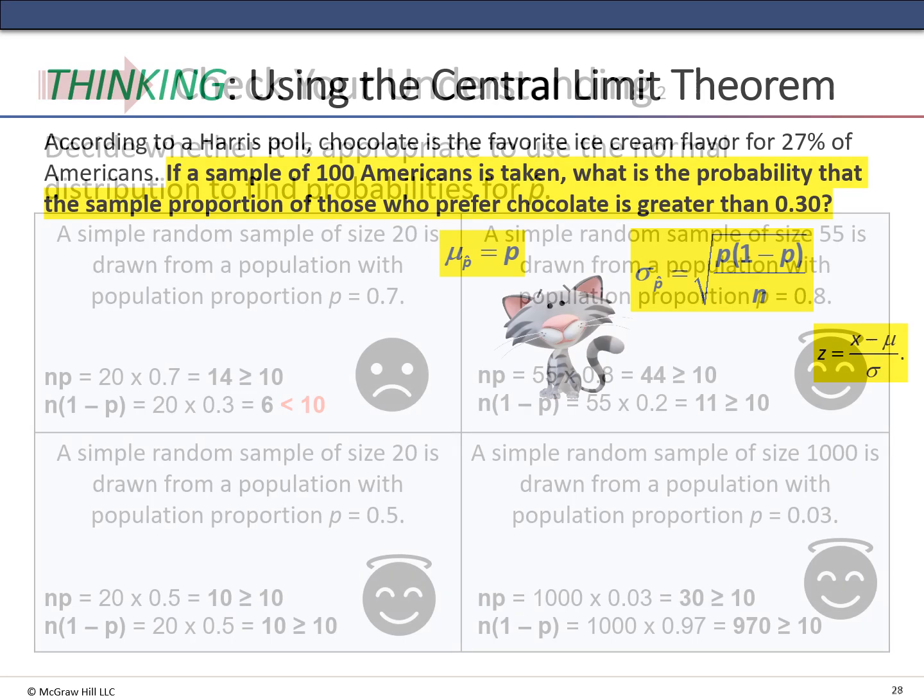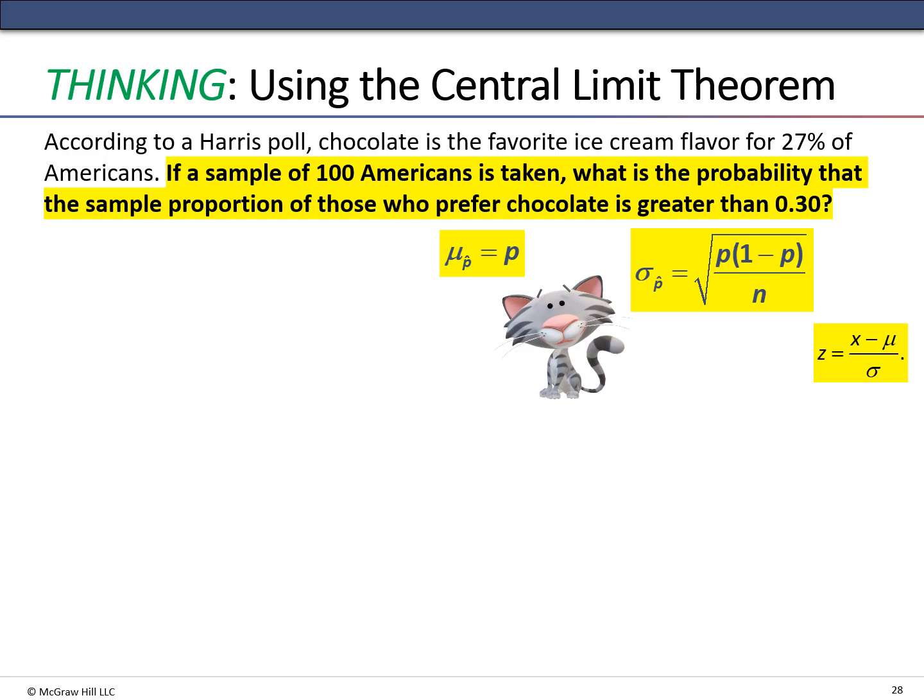So let's look at an example and see if you can solve this. It's best if you can go ahead and try to solve this on your own and hit pause. According to a Harris poll, chocolate is the favorite ice cream flavor of 27% of Americans. That 27% is our proportion of Americans that like chocolate, so that's our population proportion.